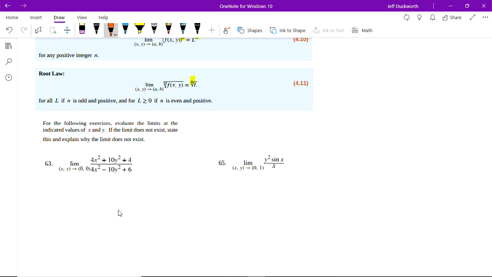I mean, this should be pretty clear as what we're going to do with this, but we can use the quotient rule first, or the quotient limit law.